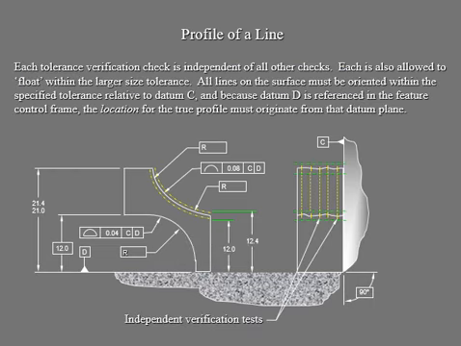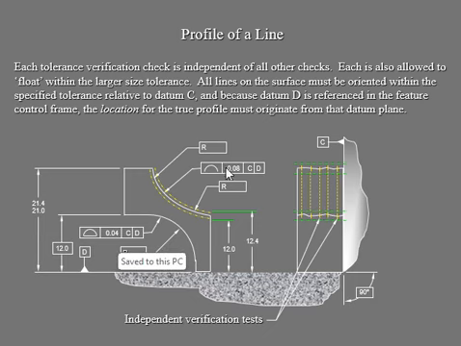Okay, so now let's go down to look at the side view, where there's a little surface, the exaggerated surface of this. So your tolerance verification, again, the checkpoints, they are all independent. So each one of those checkpoints is going to allow your float within the larger tolerance.